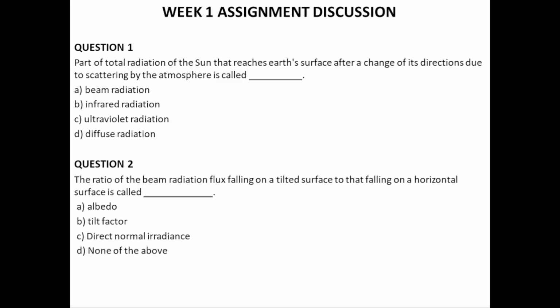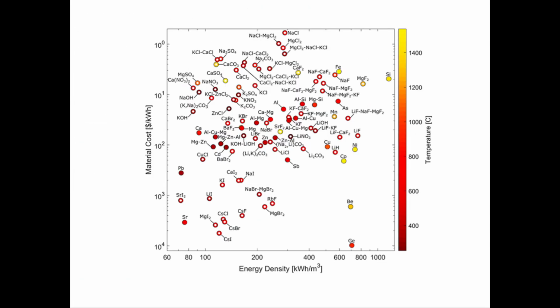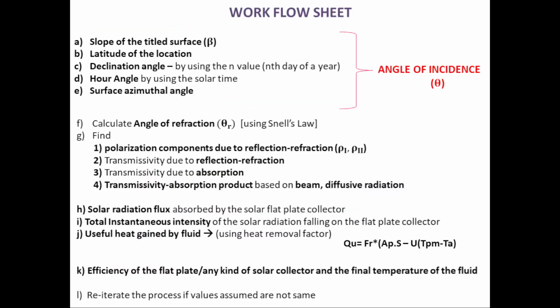If you remember, at the initial stage I told you that you need to calculate the transmissivity absorptivity product based on beam as well as diffusive radiation, and when you calculate for diffusive radiation, you take the angle of incidence, the theta I value, as 60. The specific reason is that since the radiation is getting scattered by the atmosphere, the diffusive radiation can get diffused in any particular direction and fall onto your surface.